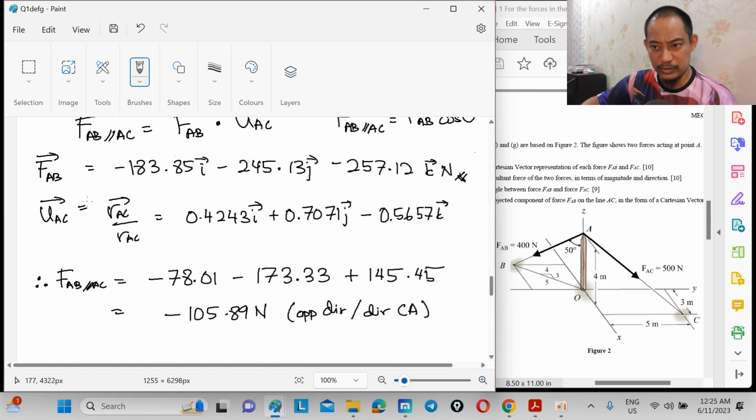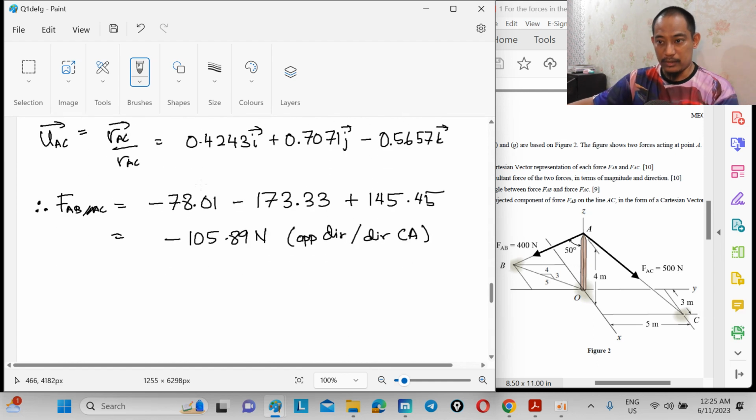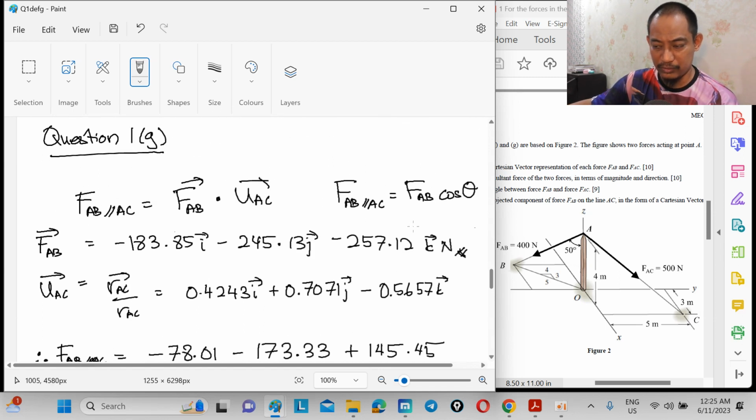Because if you understand this equation, FAB dot UAC, you already assume the projection is in the direction of AC. But when you get negative, meaning it's CA direction, right? So that's sufficient.